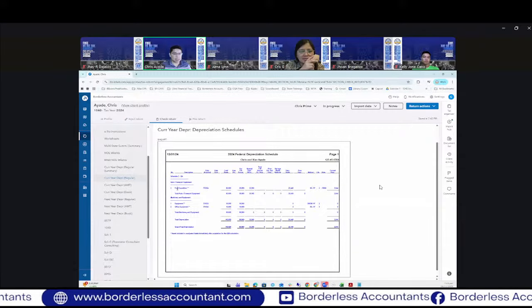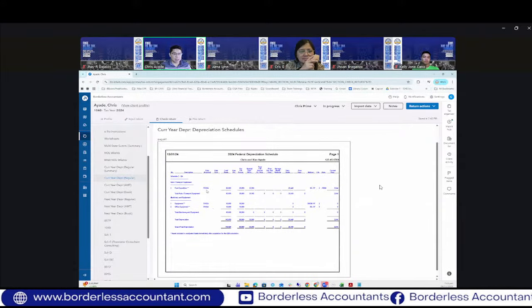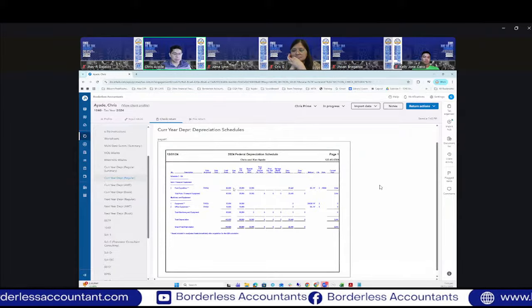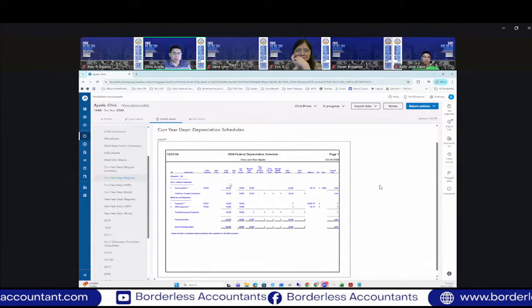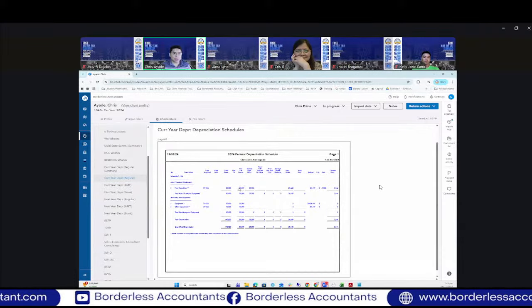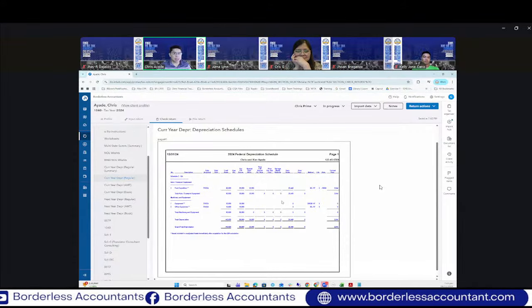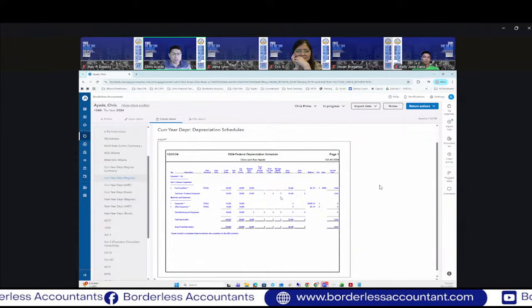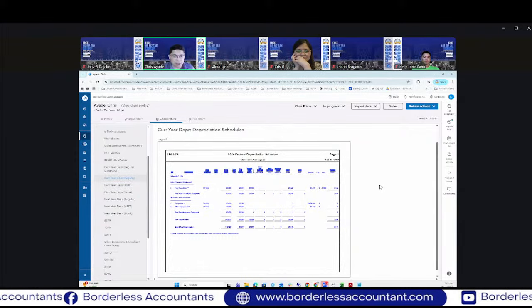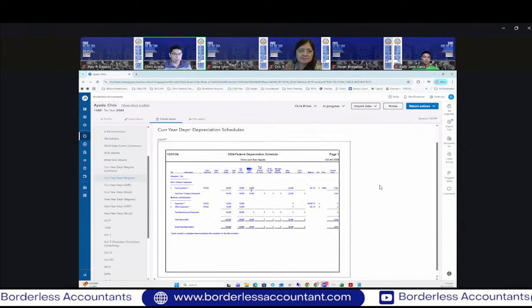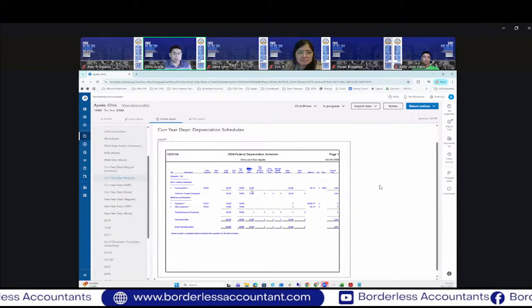You will see the details of the asset, the information as to when it was acquired or put into use in the business, and then how much was the Section 179 depreciation taken. Here, these are the Section 179 depreciation taken. And then kung may bonus depreciation, it's also going to be here. It's called the special depreciation allowance. This is a technical name in the software. Okay, so that's the bonus depreciation.